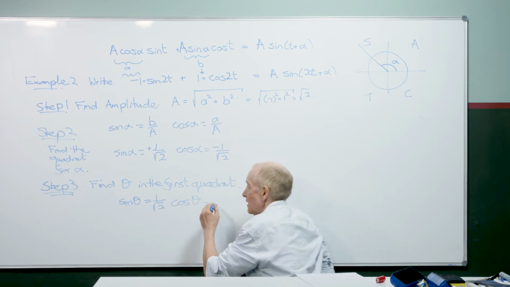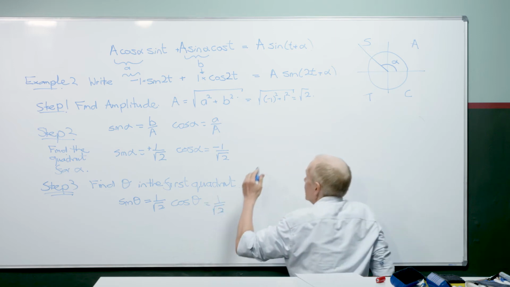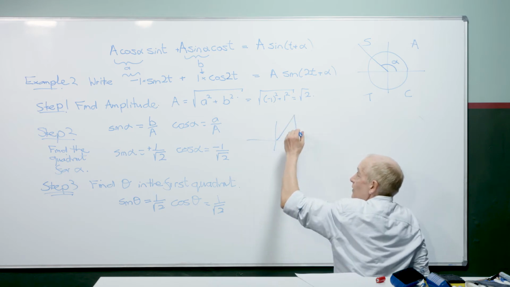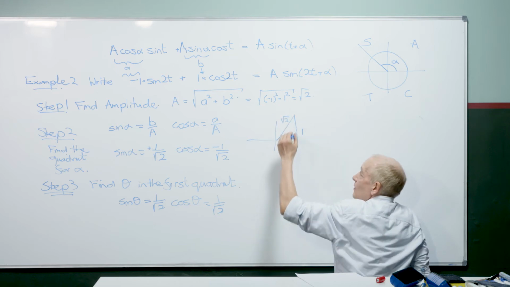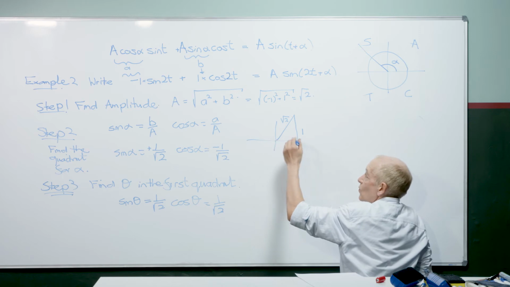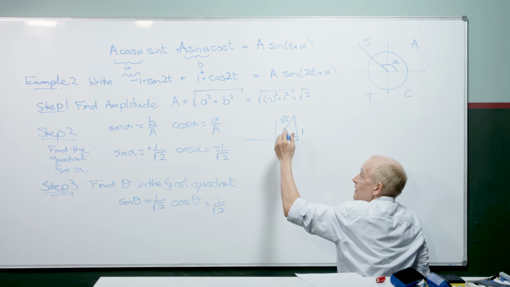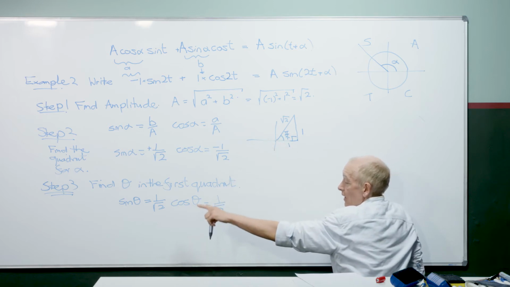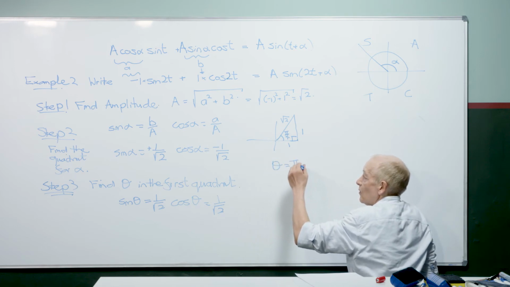Cos of theta in the first quadrant is going to be plus 1 on root 2. And then we can find theta in the first quadrant. We use the triangle with just 1 along here, 1 up here, root 2 down here, and this will be 45 degrees or pi on 4. So we know that for sine and cos positive, theta is equal to pi on 4.